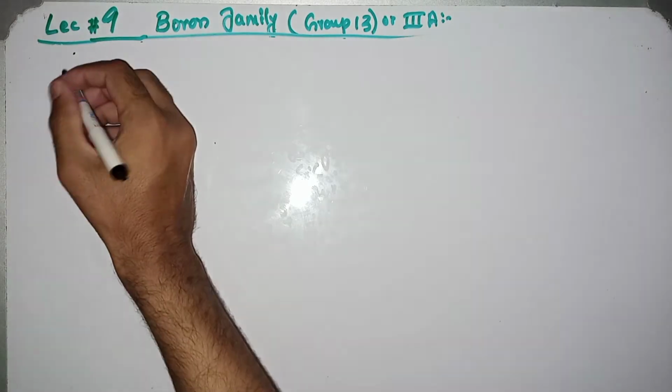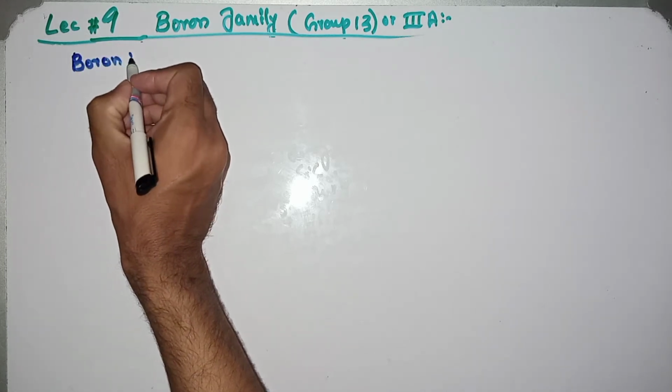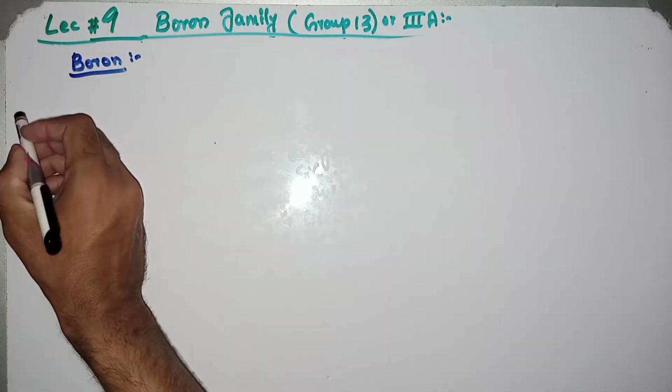So, starting from boron, we will explain it bit by bit. First of all, I will explain the occurrence of boron.